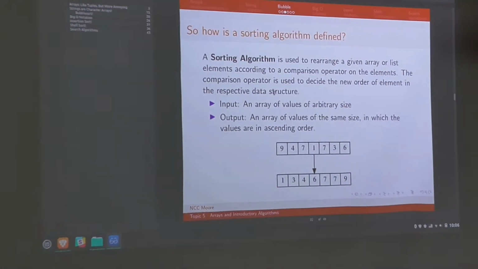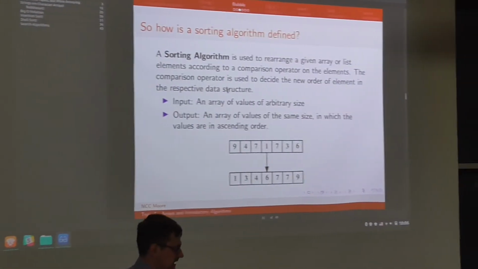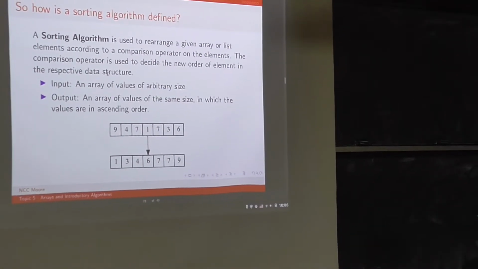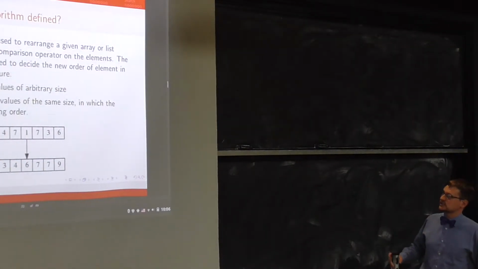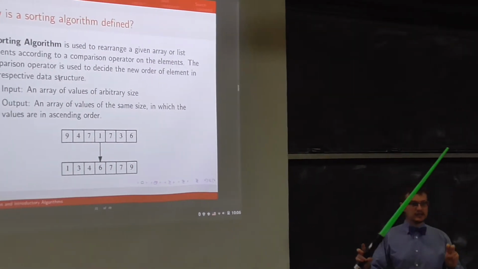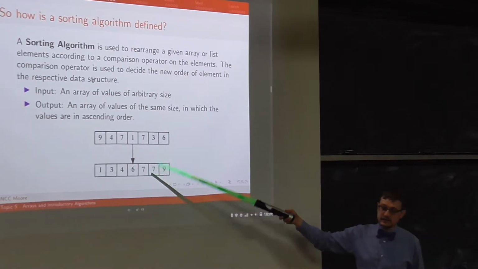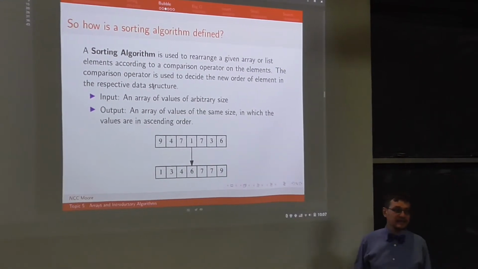What is a sorting algorithm? How is it defined? A sorting algorithm is used to rearrange the elements of an array or a list or any sort of linear data structure such that the elements are in order. In terms of numeric values, in order means normally from lowest to highest.